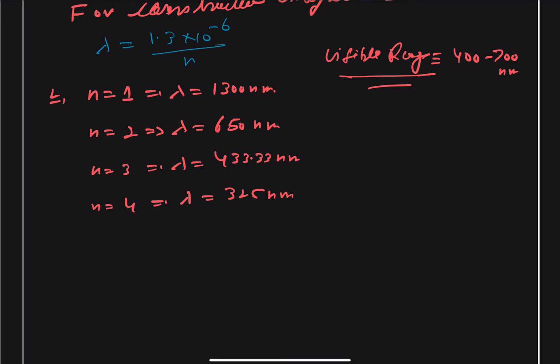Okay. So we have only two values which come within this particular range. Okay. So we have 650 nanometer and 433.33 nanometer.